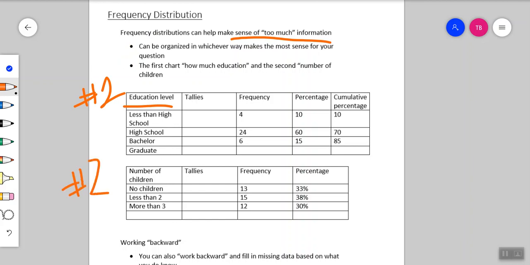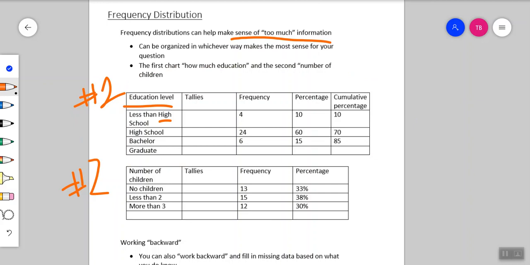So for instance, we'll go through an example and I'll show you how we got this total here. Going back a step, if someone were to ask you from that chart, how would you make sense of the education level, or what is the average education level of the people in that survey?